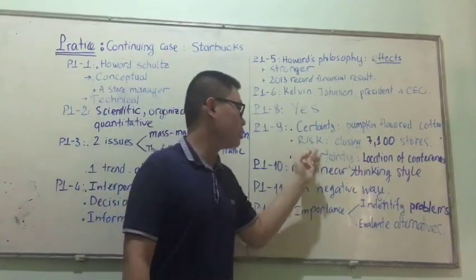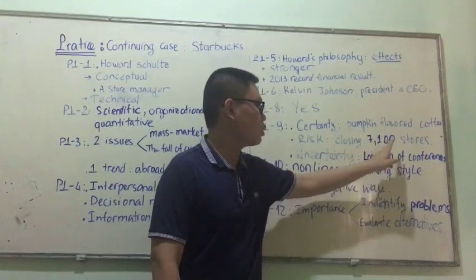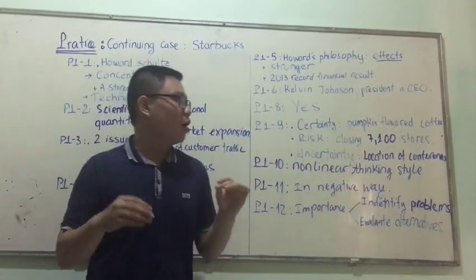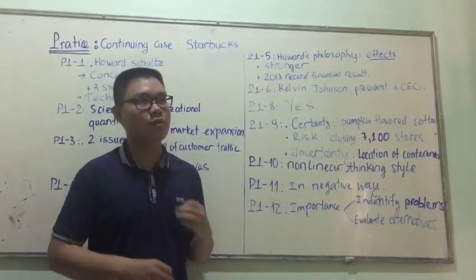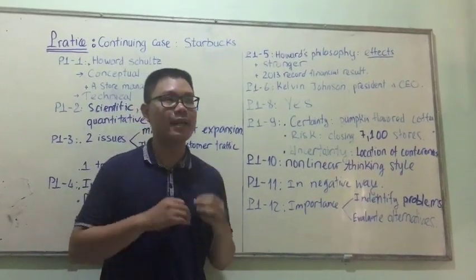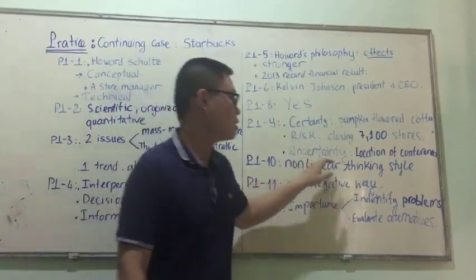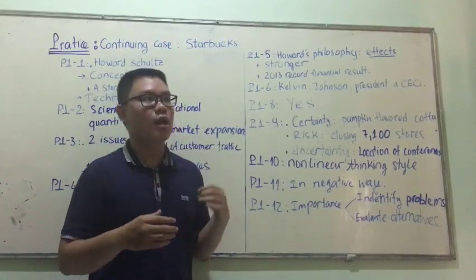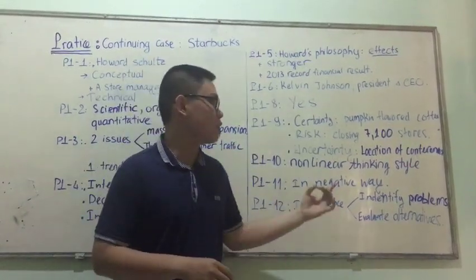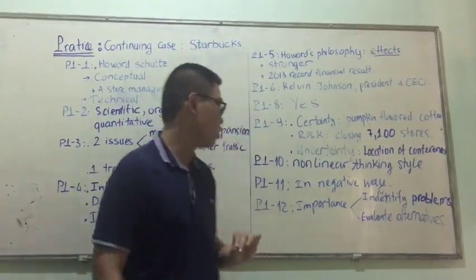On risk: Howard decided to close 7,100 stores to train 135,000 baristas on the coffee experience. For many experts, this would be a financial disaster. Uncertainties: he was unsure how Wall Street would react to his new idea of changing the location of the conference, with the huge cost of $30 million.